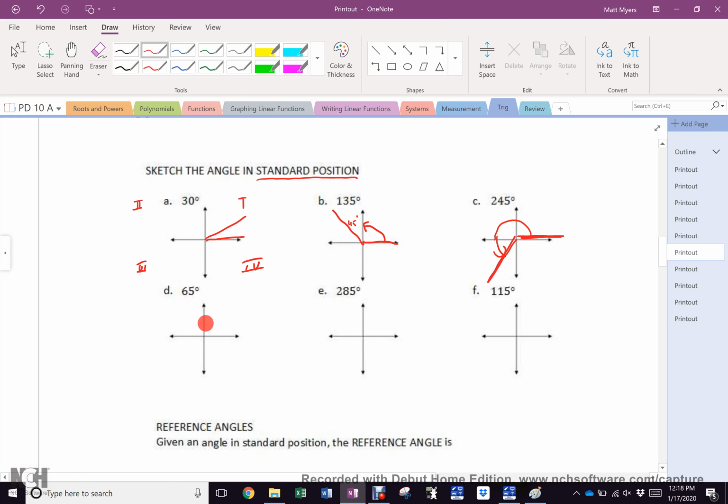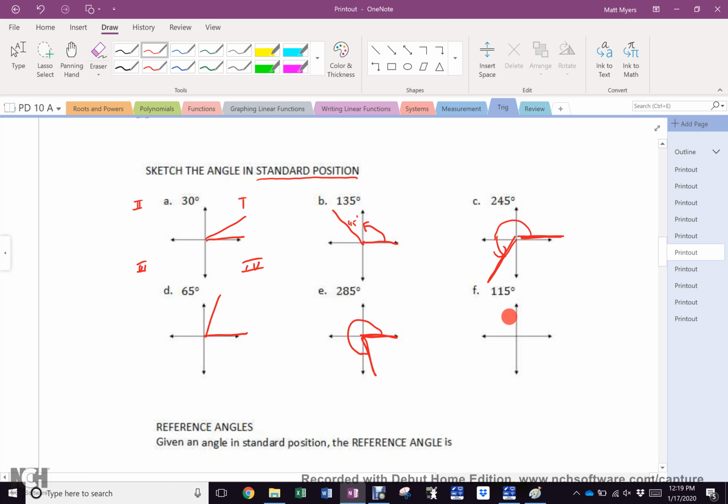65 is going to be where? Thank you. 285 is going to be where? Fourth quadrant, very close to the y-axis or very close to the x-axis? Y-axis. Because that's 270 and I only needed 15 more. 115?